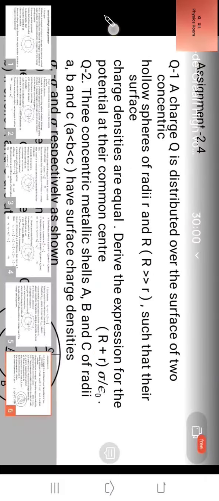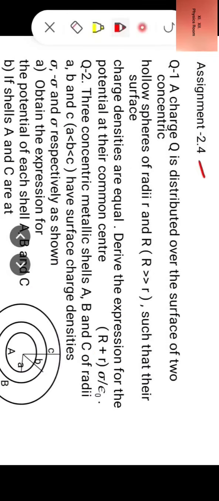Now assignment 2.4, question number 1. A charge Q is distributed over the surface of two concentric hollow spheres of radius small r and capital R. Capital R is very large compared to small r, such that their surface charge densities are equal.